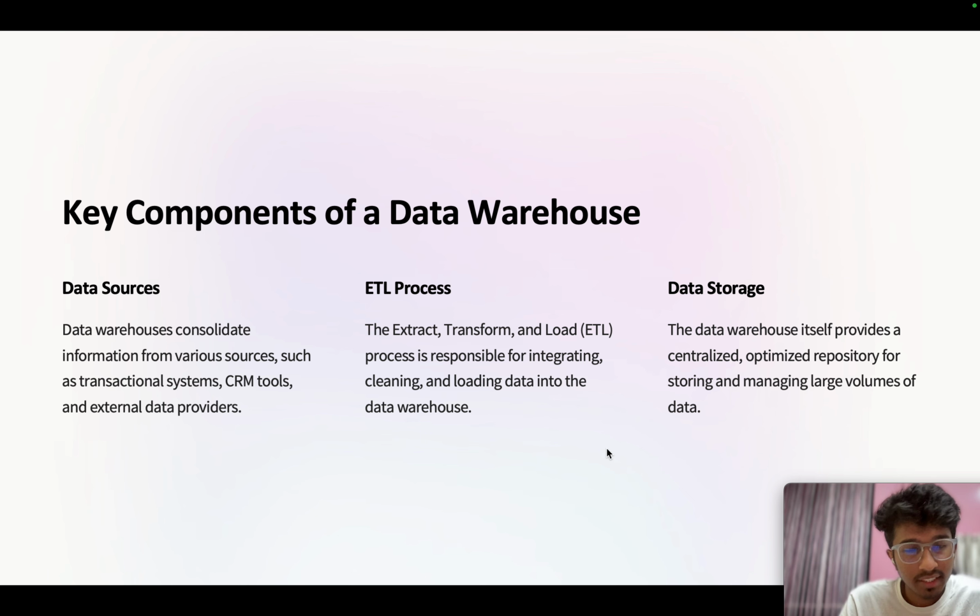Once we identify the sources, we have to extract the relevant data, parse it, and load it in the warehouse. Next is data storage, where we actually store the data. A data warehouse itself provides a centralized, optimized repository for storing and managing large volumes of data.